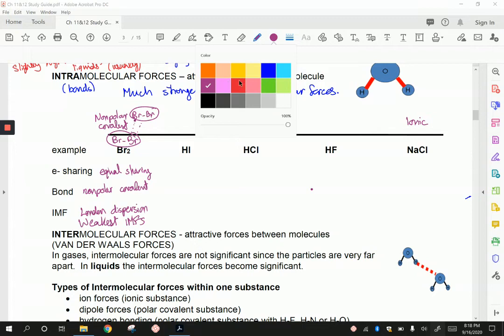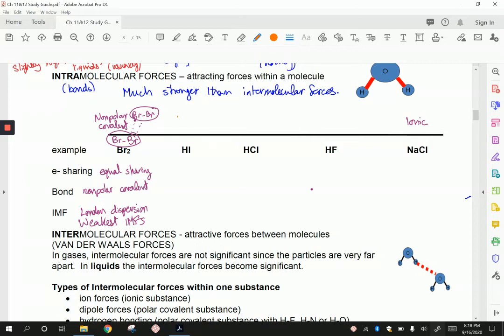So with HI, I have my hydrogen bonded to an iodine. Iodine is slightly more electronegative than the hydrogen, and so I get a slight partial negative here, a slight partial positive there, because the electrons are hanging out more with the iodine, so slight unequal sharing of those electrons.